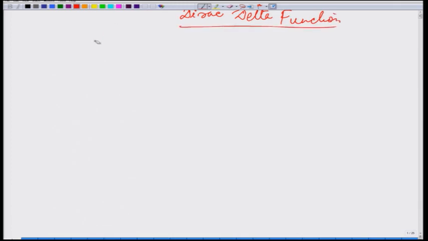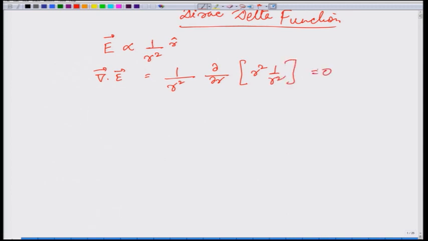So what have we seen in the class, that in the lecture sir has told us that if our electric field varies as 1 by r square r cap, and we take the divergence of E in the spherical polar coordinate system, we get 1 by r square del by del r of r square into 1 by r square, which comes out to be 0.